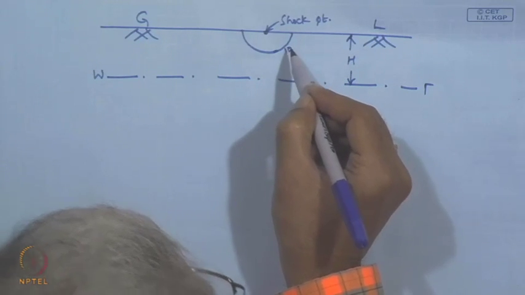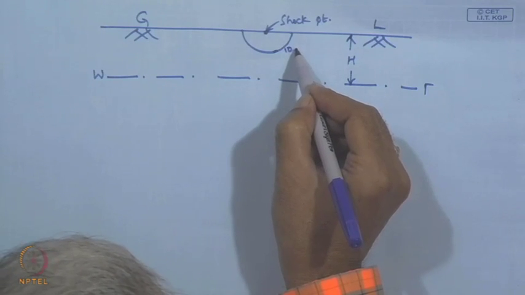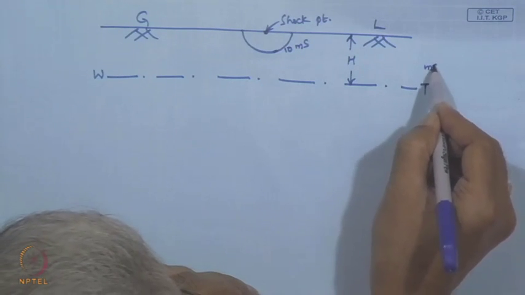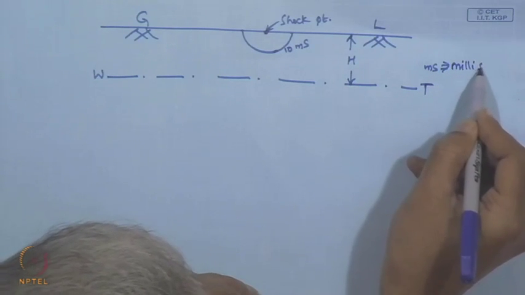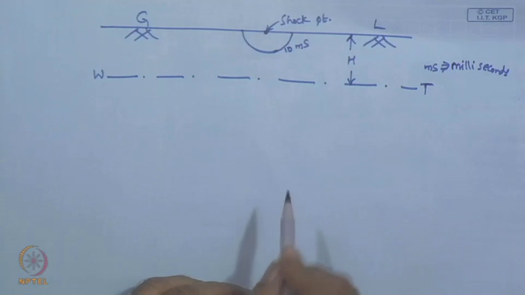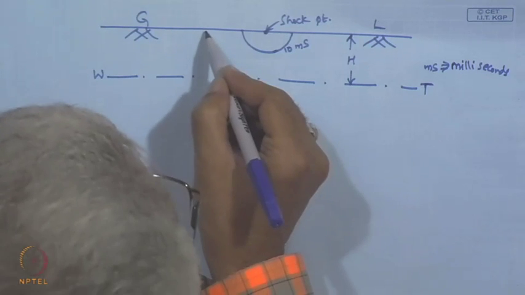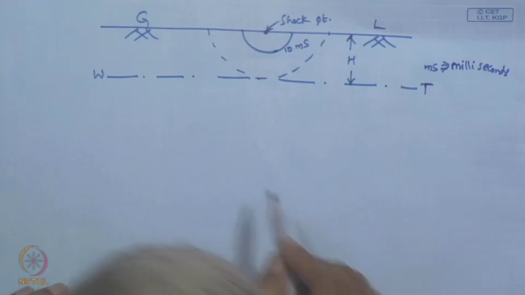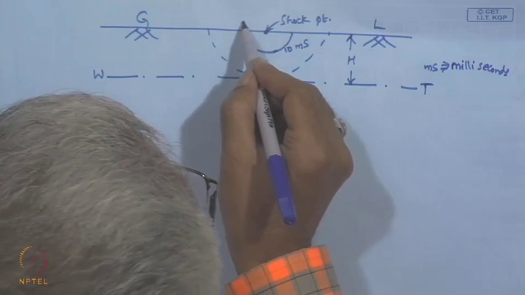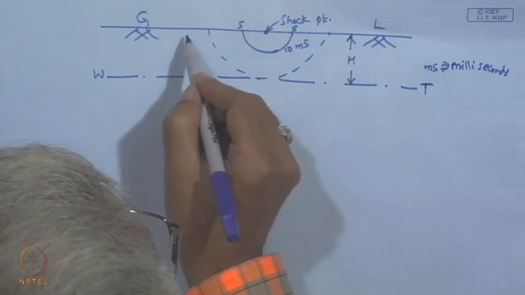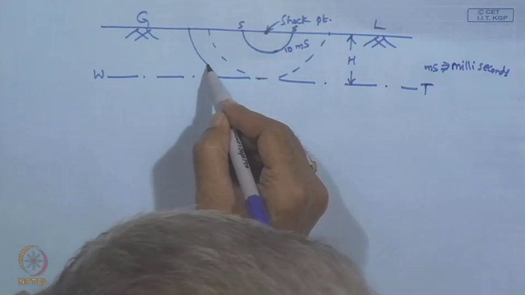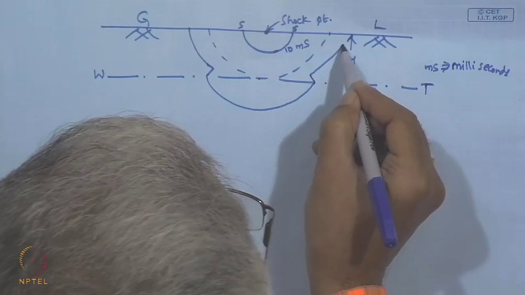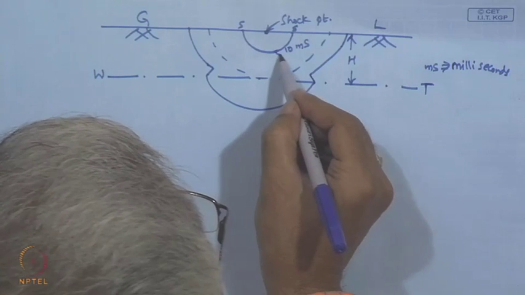So, this is the time in milliseconds. This ms indicates milliseconds, and next it is at a distance of 5, and here this represents 10 milliseconds.